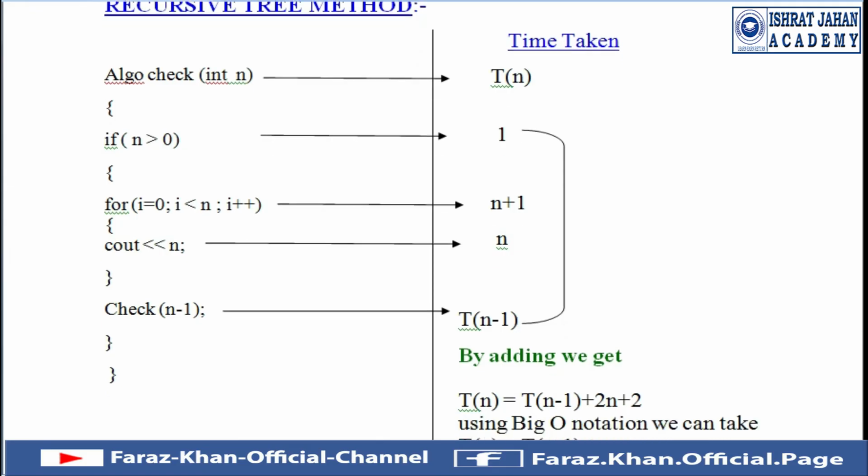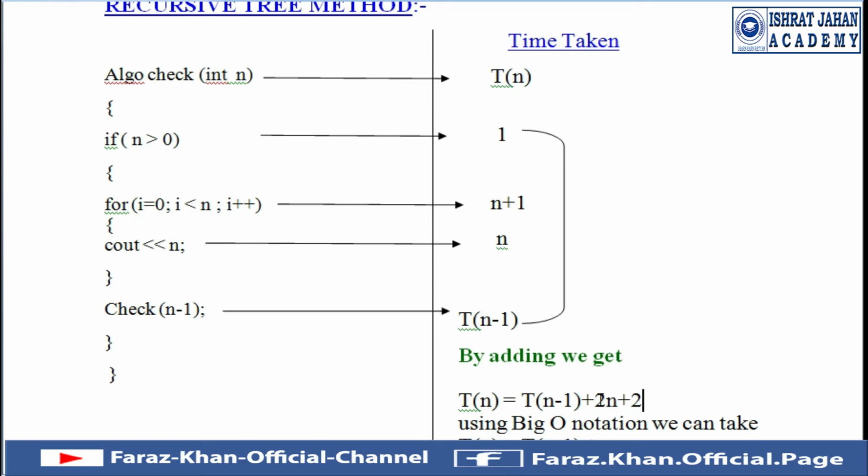So by adding we get, you can see that clearly, Tn is equal to Tn minus 1 plus 2n plus 2, right?